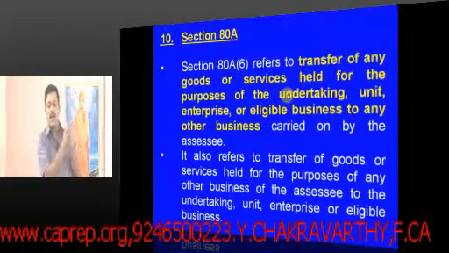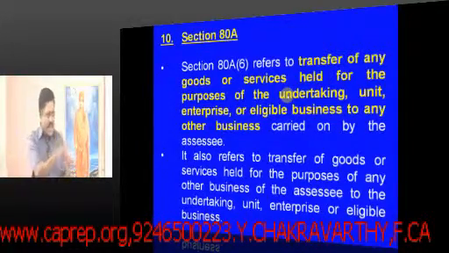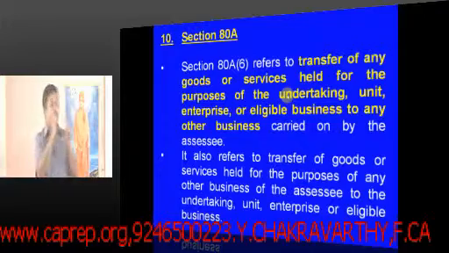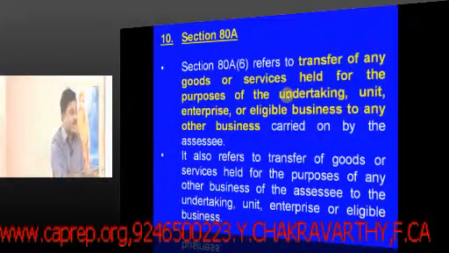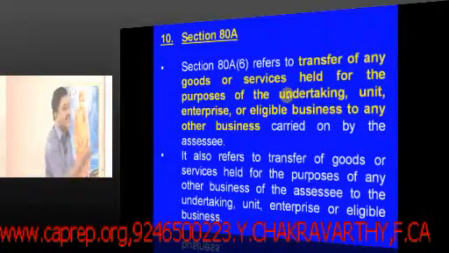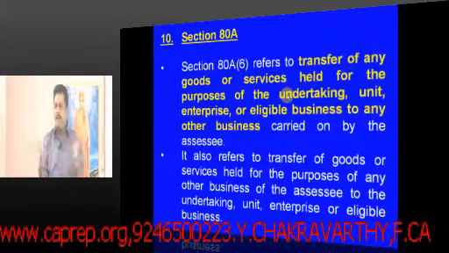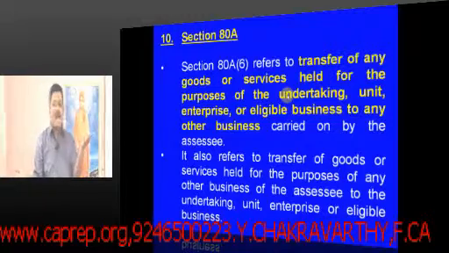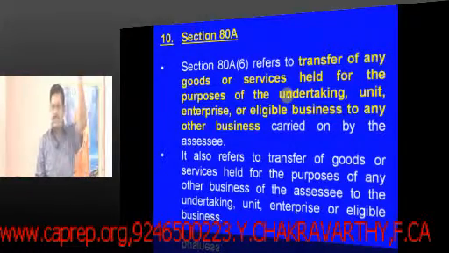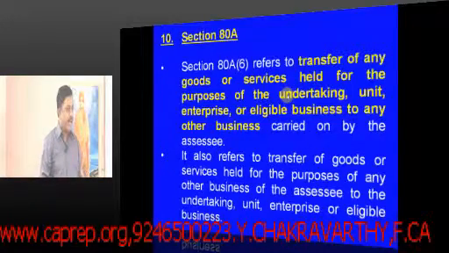So when this particular undertaking, whose profits are allowed to be deducted under 80IA, makes a sale of goods to the other undertaking at a price more than the market value, thereby higher profits can be booked in the undertaking which enjoys this deduction. Because both are my own undertakings only. One is having 80IA(6) because it satisfies those conditions and it is engaged in the businesses prescribed under section 80IA.